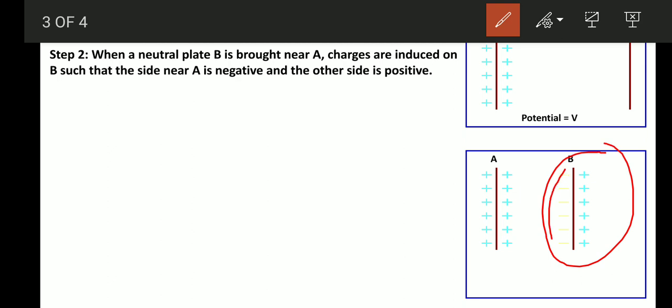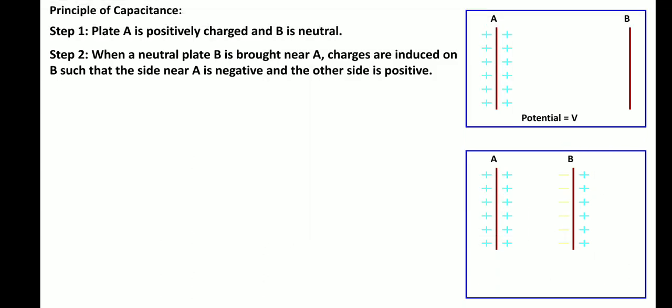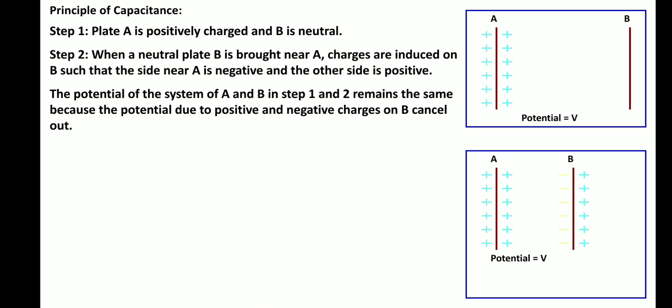Look at that, there is a negative charge because it is induced by this positive charge. This negative charge induces a positive charge on the other side of plate B. The potential of the system A and B in steps 1 and 2 remains the same because the potential due to the positive and negative charges on B cancel out.